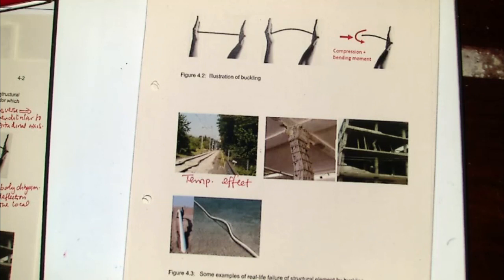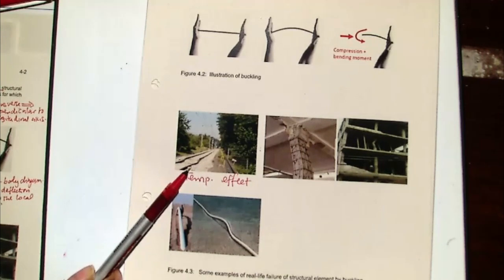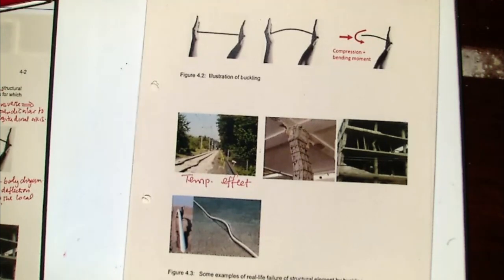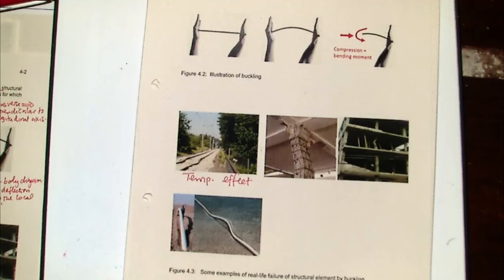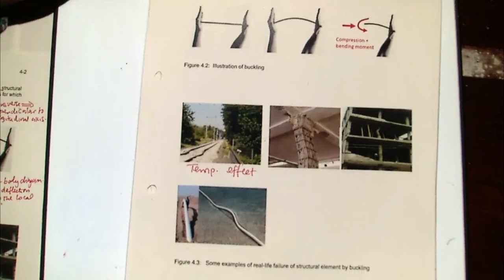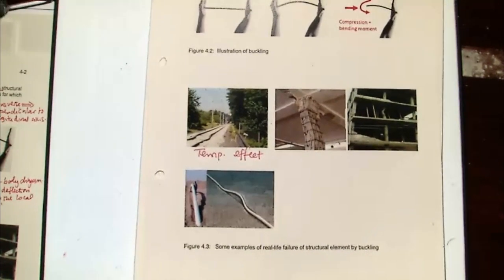And if that compression force is very high, then you will end up with something like that. It's exactly the same as the one here. And this is very common in the North Sea. This will be a typical pipeline carrying oil or gas.